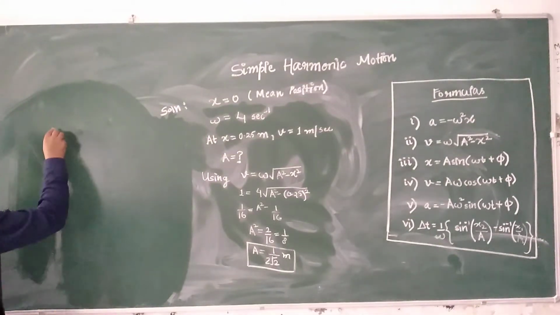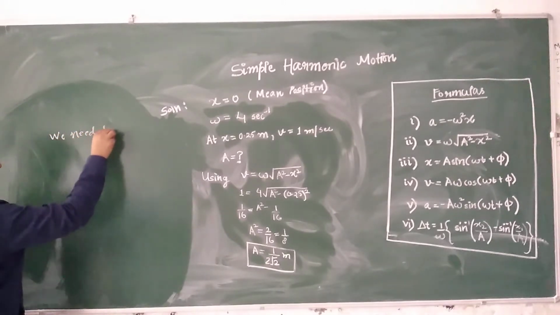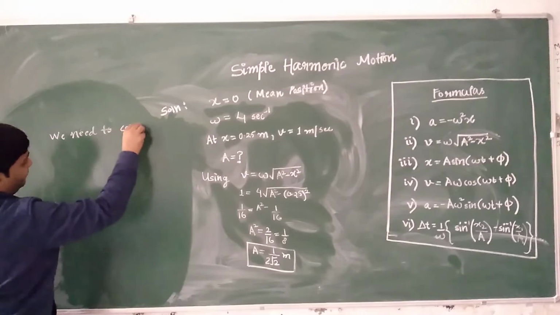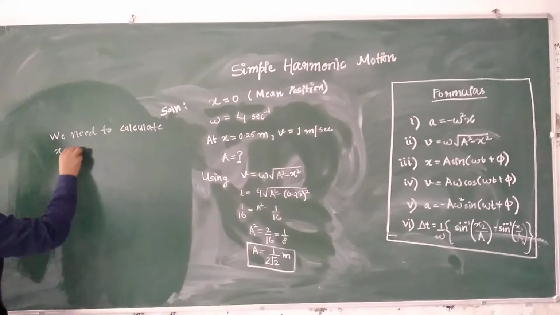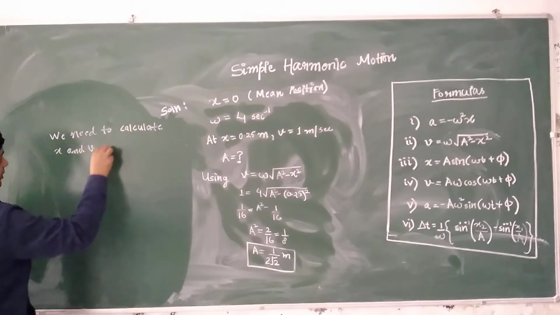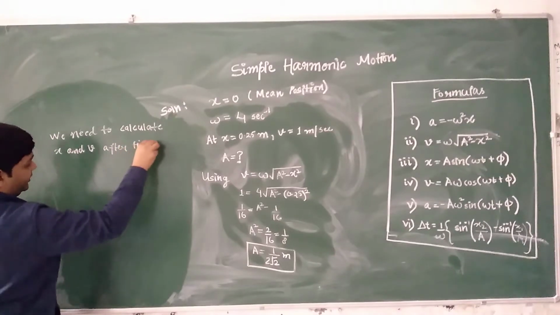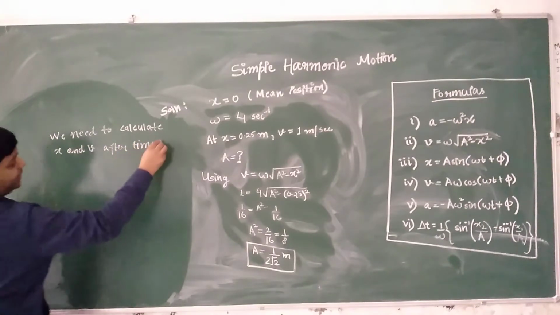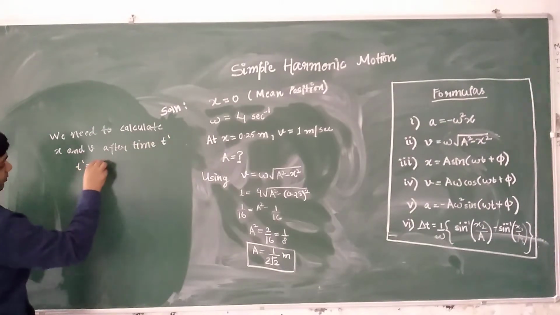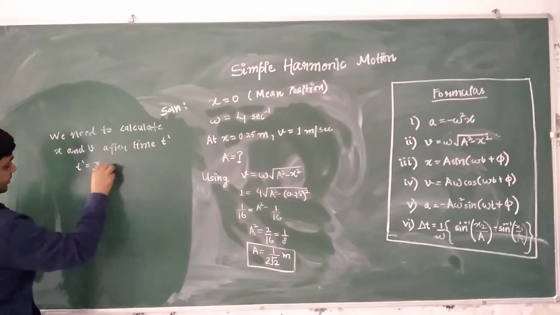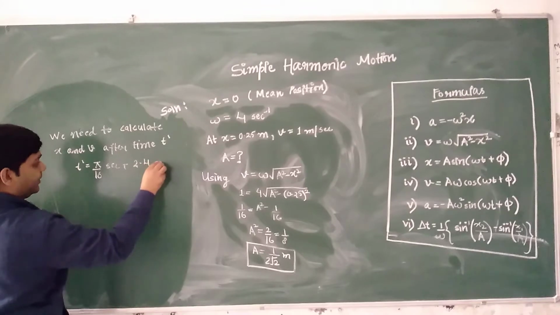We need to calculate x and v after time, let's say t dash, and t dash will be equal to pi by 16 second plus 2.4 second.